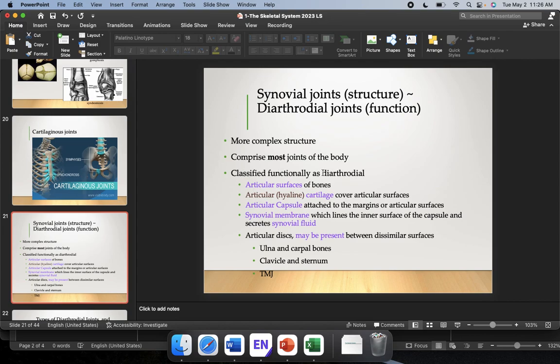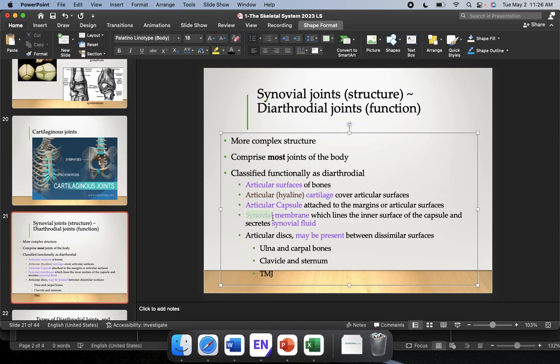There are characteristics of a synovial joint, and a few of those characteristics include that the bones that connect them have articular surfaces that will conjoin and meet, that they're covered in some type of cartilage, either articular or hyaline cartilage, that there's going to be a joint capsule that attaches the two bones that are meeting, and that inside of there, they're going to have a synovial membrane.